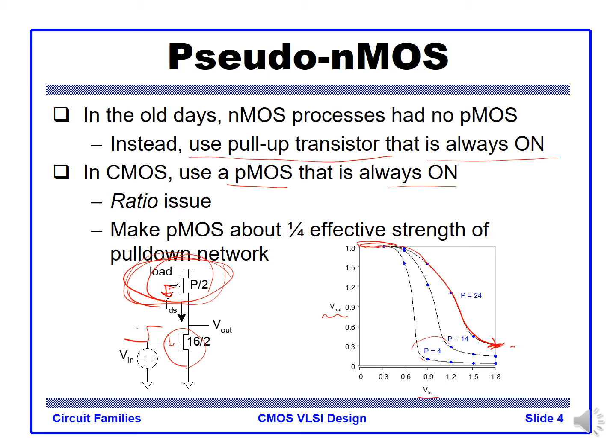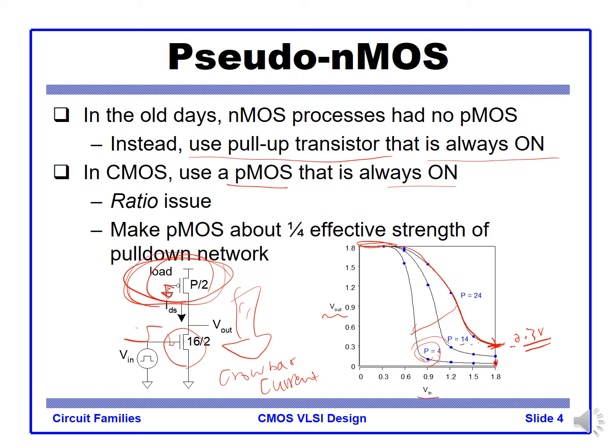It only goes down to something like 0.3. This is very poor logic, and also has a very large short-circuit or crowbar current, because both PMOS and NMOS are on. If you reduce the PMOS size down to 4, then you get better pull-down.